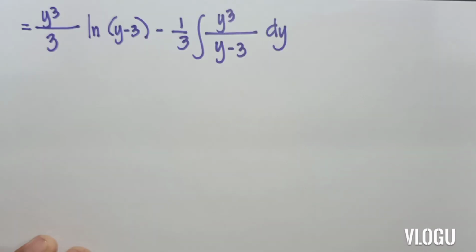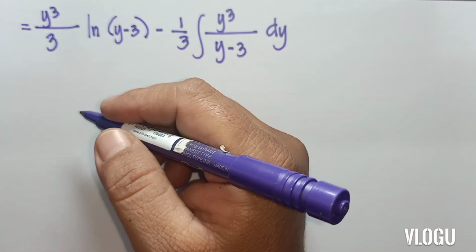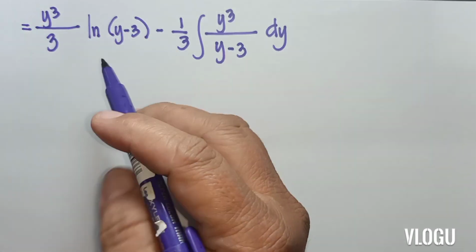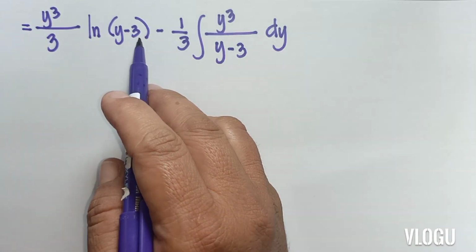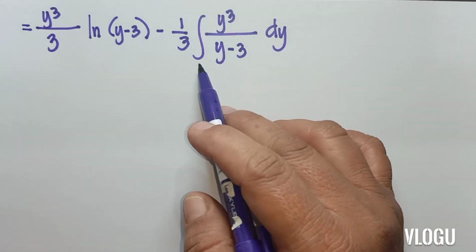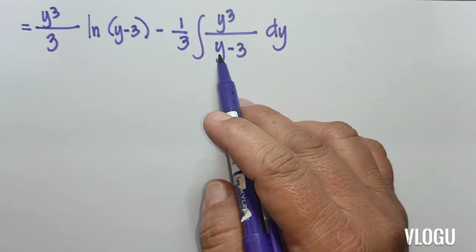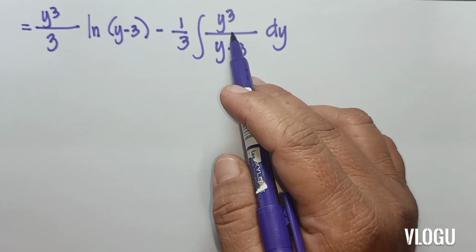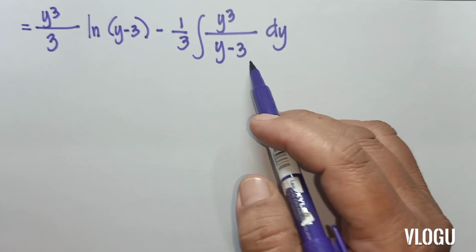As a continuation, we have y cubed over 3 ln (y minus 3) minus 1/3 the integral of y cubed over y minus 3 dy, wherein we divide y cubed by y minus 3.